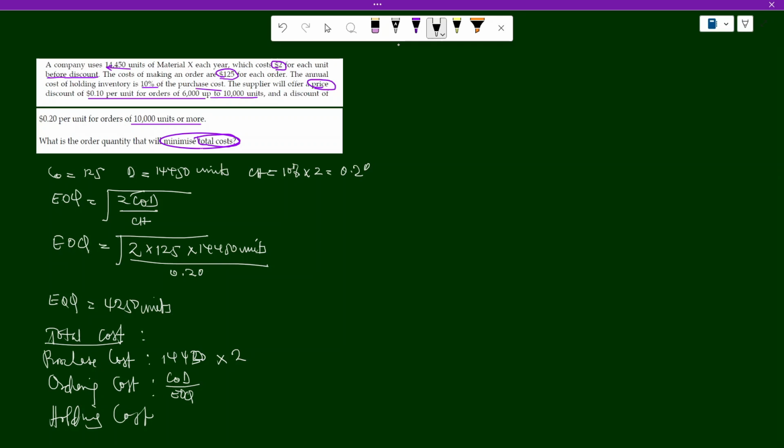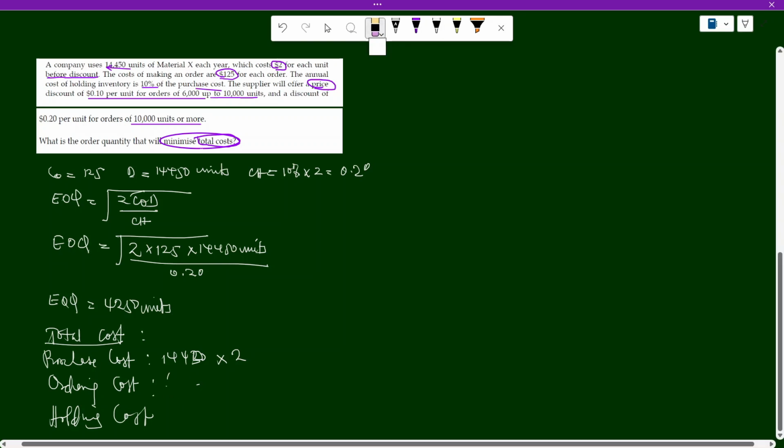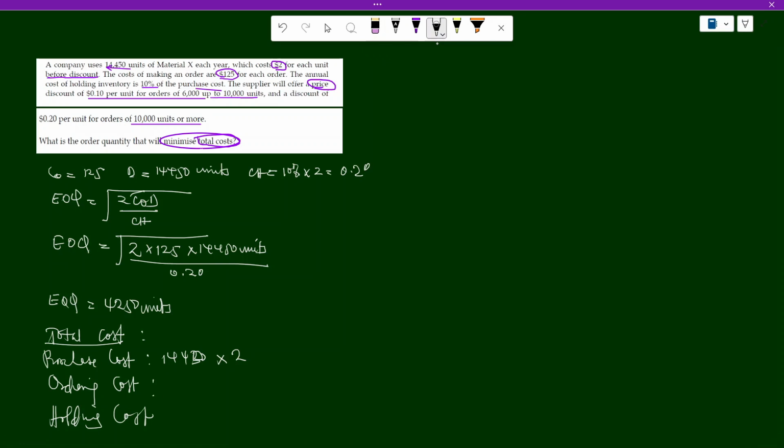So that is going to give us 14450 units times the cost of ordering, which is 125, divided by the economic order quantity.